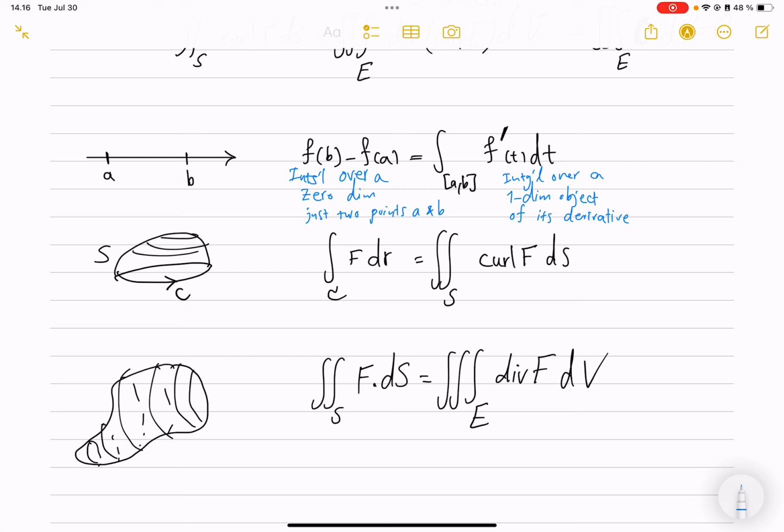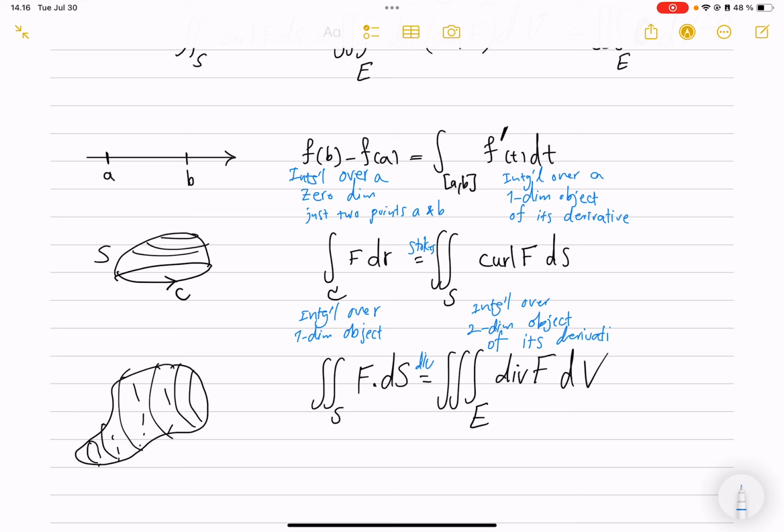So what is the Stokes theorem? Stokes, and this is divergence. This is an integral over a one-dimensional object, this is the curve, of some vector f, and it is equal to the integral over one dimension up, a two-dimensional object, which is the surface, of its derivative.